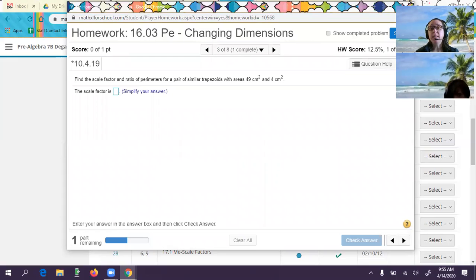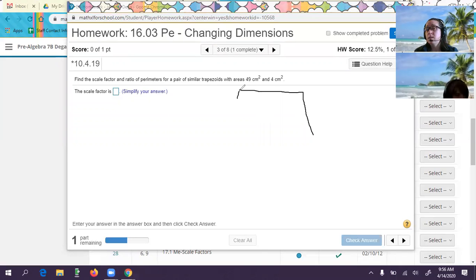Okay, find the scale factor and ratio of the perimeters for a pair of similar trapezoids with areas 49 centimeters squared and 4 centimeters squared. So they gave us an area ratio. There are two similar trapezoids. One of them has a bigger area, and one has a super small area.